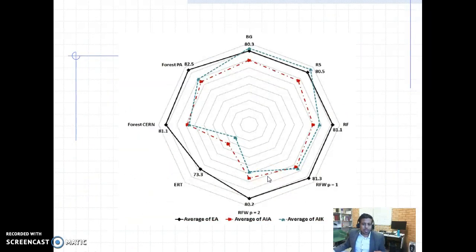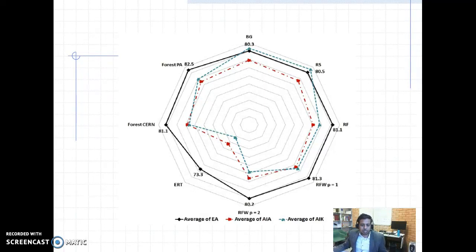We have also made extensive experimentation on 20 data sets, and we wanted to see 3 things: ensemble accuracy, the accuracy of the whole forest; individual tree accuracy, how accurate each tree is individually; and individual tree diversity in the forest, how diverse they are.